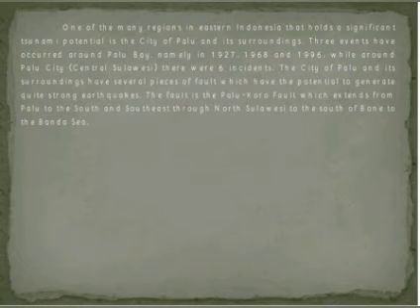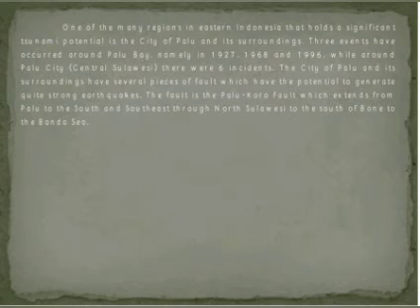Three events have occurred around Palu Bay, namely in 1927, 1968, and 1996, while the surrounding area has several fault segments with the potential to generate quite strong earthquakes.